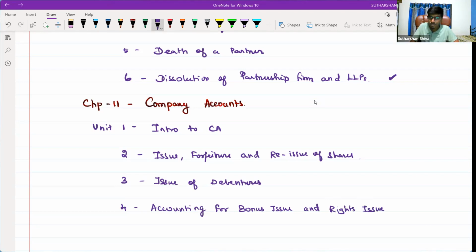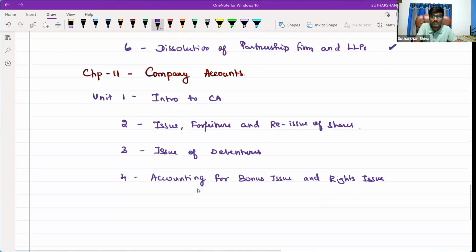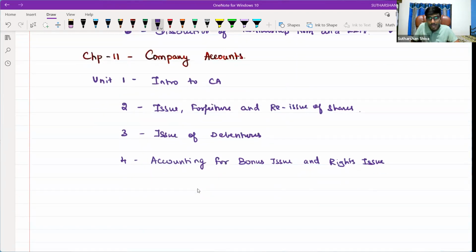You will learn these in units 4, 5 and 6. These 3 units have been taken from the CA Intermediate old syllabus and put in the CA Foundation new syllabus, because the third, fourth and fifth are a continuation.